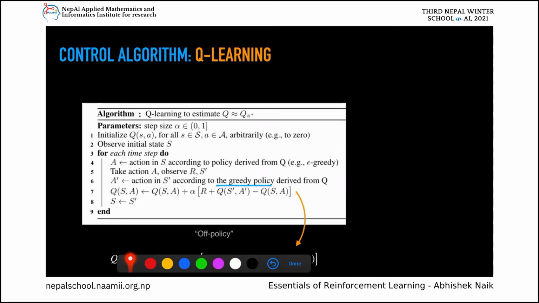Previously in SARSA, we did both of those things according to the same policy, so everything was on policy, but there's something off here, and that is off-policy. You'll get to use and learn more about these algorithms in the lab part that you'll do later today.